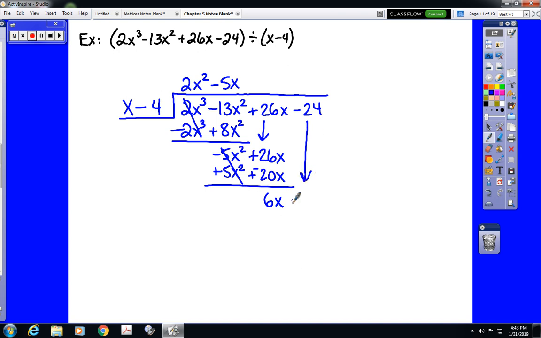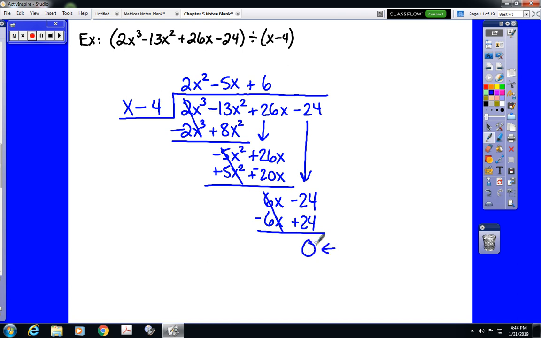This completes another cycle, so I bring down the final term and I start the process again. What do I need to do to x to turn it into 6x? Well, I need to multiply by 6. 6 times x is 6x. 6 times negative 4 is negative 24. Draw the line, change both signs, add down.